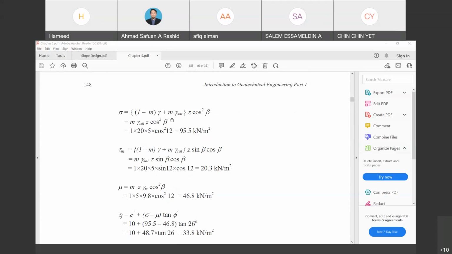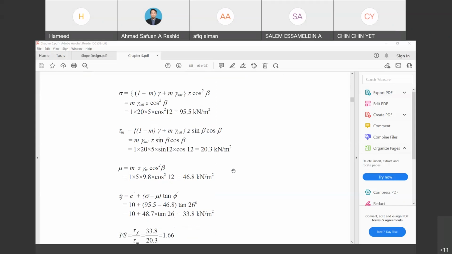So M1 times gamma saturated times Z cos square beta. So that is for the sigma, while for the tau m, which is the shear stress, we may eliminate this one. 1 times gamma sat Z sine beta cos beta, then we obtain 20.3.